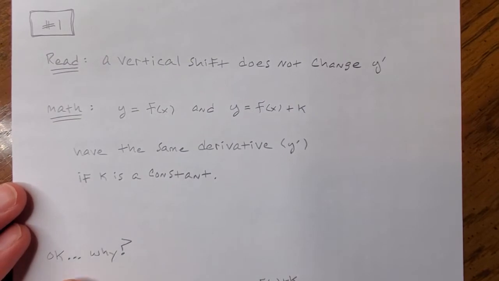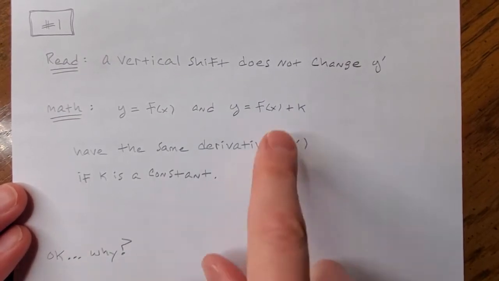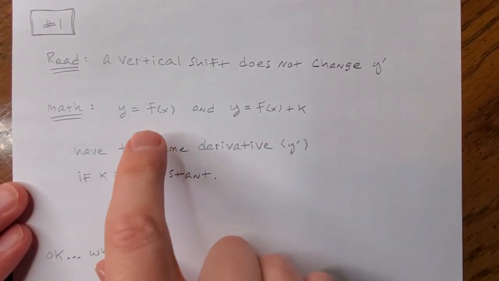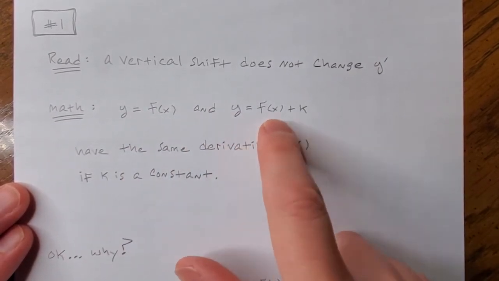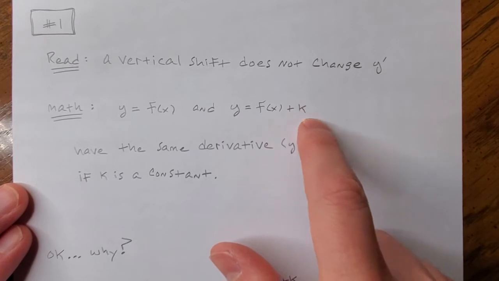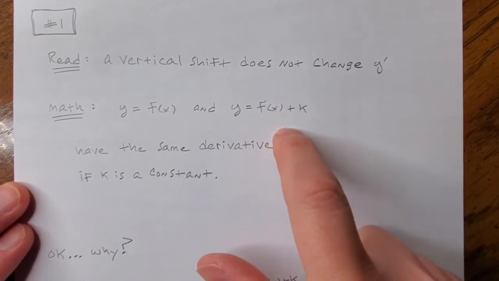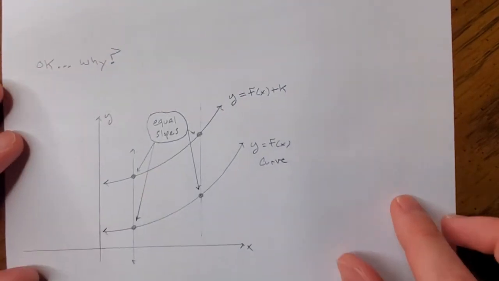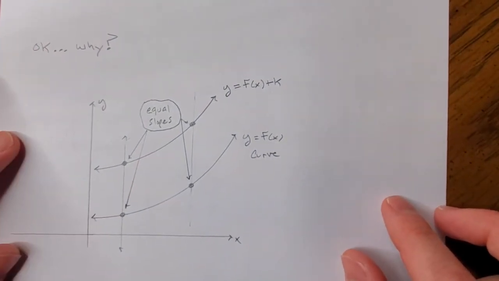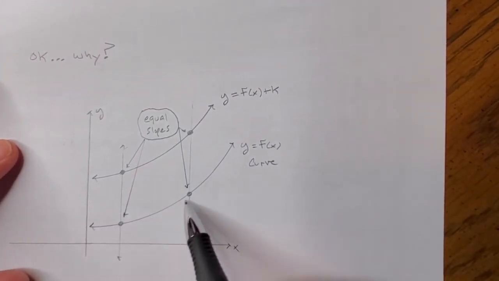The lead up to that is, well, why is that true? Why is it true that if you have a curve versus that same curve with a vertical shift up or down, which is what the plus k represents, they have the same derivative? If you think about it visually, it's fairly easy to answer. Say that you have a curve like this.